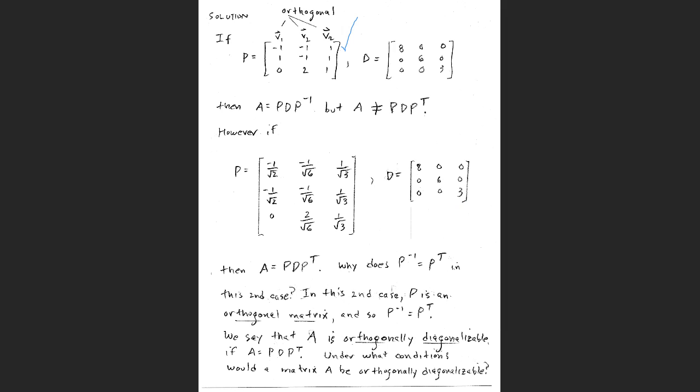The diagonal matrix is here, and I verified in MATLAB that the matrix A does equal P times D times P inverse. However, the matrix A will not equal P times D times P transpose for this particular P matrix.